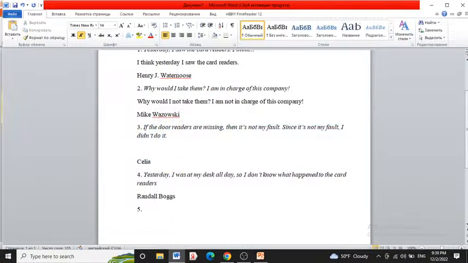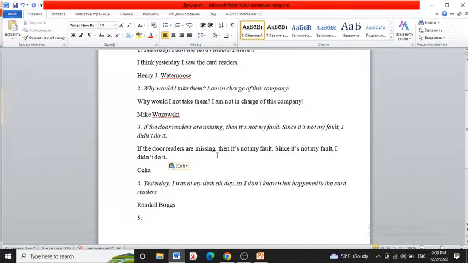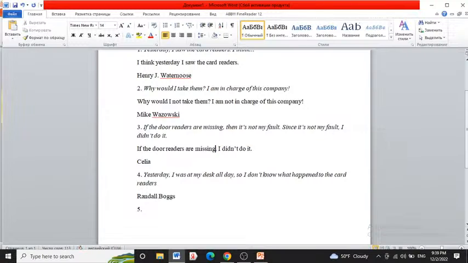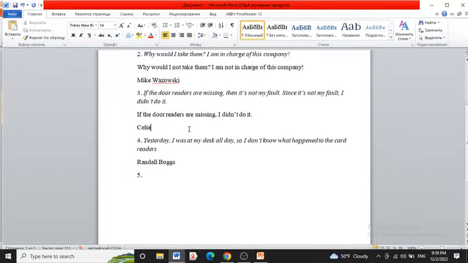So that's what we gotta do. We gotta basically skip that middle section. So we're taking out the default thing. If the door readers are missing, I didn't do it. Alright, so that takes care of Mike Wazowski.